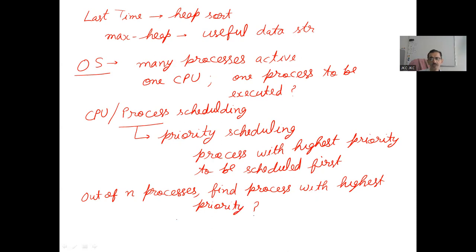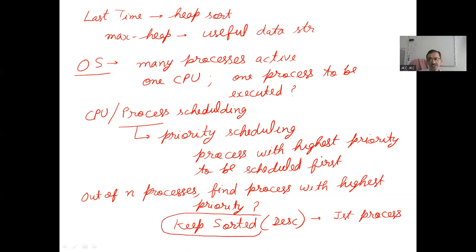Yes, one solution can be to keep a sorted list, sorted in descending order. And then from the top, you can take the first process, which will obviously be the highest priority. Well, it can work, but keeping it sorted always has an issue.